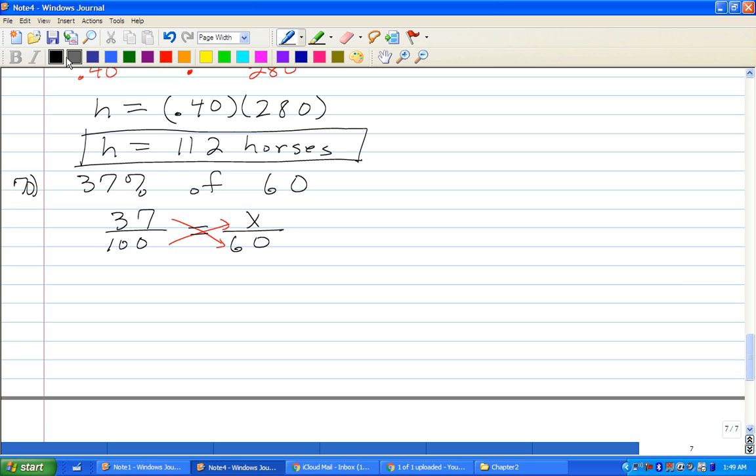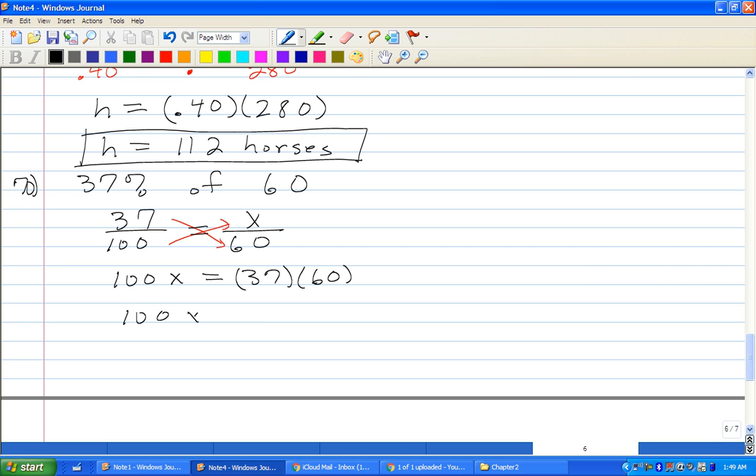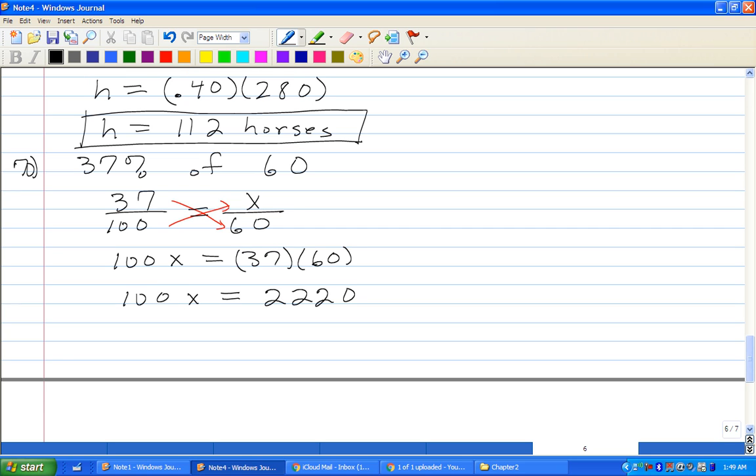So I have 100x is equal to 37 times 60. And so 100x is equal to 2,220. Divide both sides of my equation by 100.